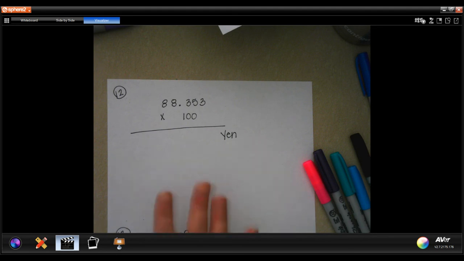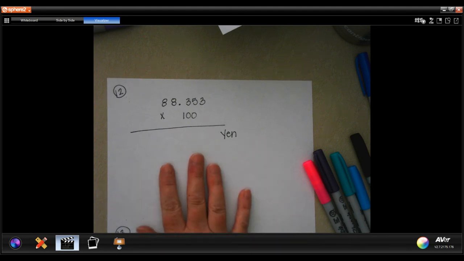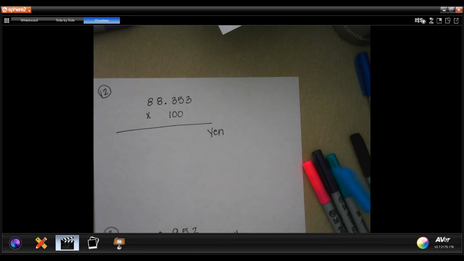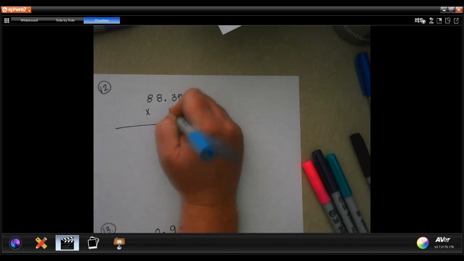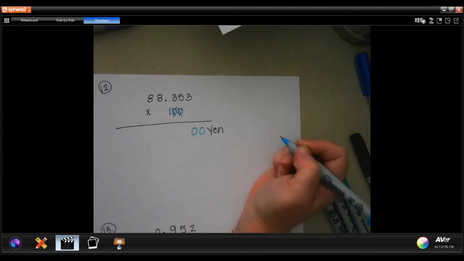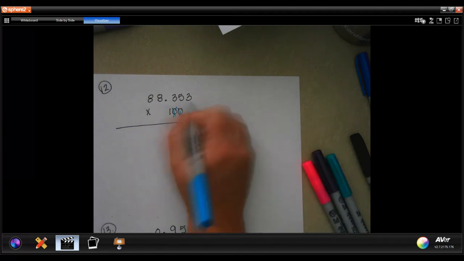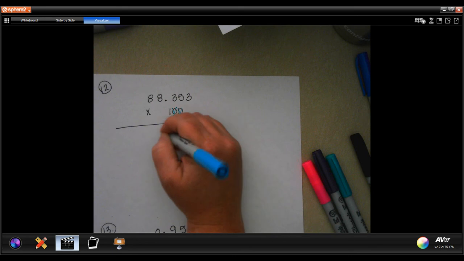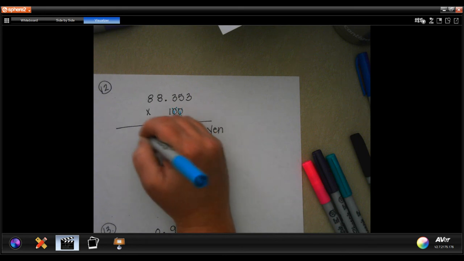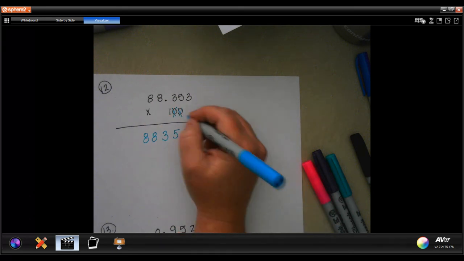So I already wrote down the math to that. So we just need to multiply. Now, this problem is going to be really easy for us because you see those two zeros? I'm going to cross them up and I'm going to stick them at the end. Then it's just 1 times that number. So I'm going to write it backwards so that it's in order. And I can't forget that I have to move my decimal.